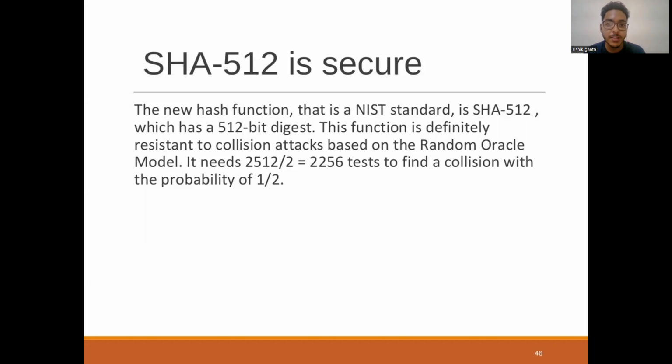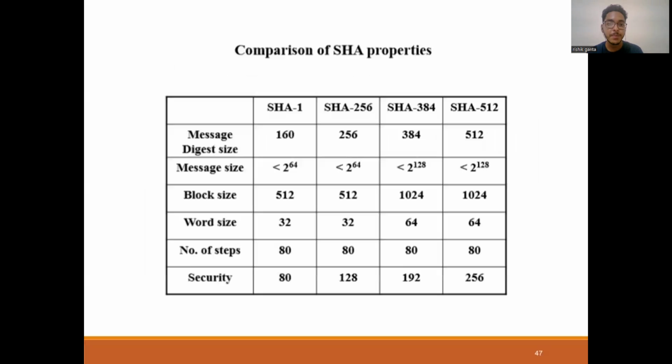The new hash function, that is the NIST standard, is SHA-512, which has a 512-bit digest. This function is definitely resistant to collision attacks based on the random oracle model. It needs 2^512 by 2, that is 2^256 tests, to find a collision with a probability of 1 by 2.